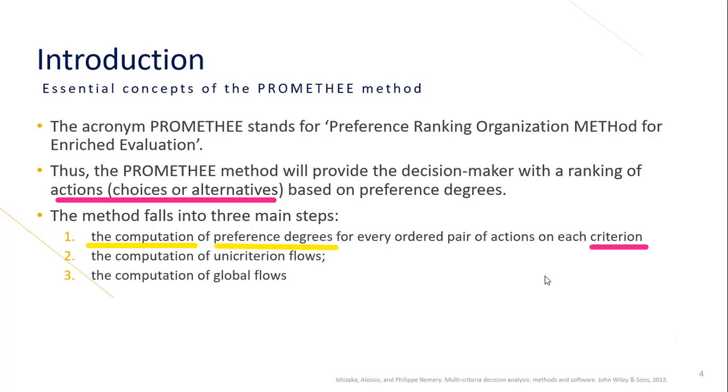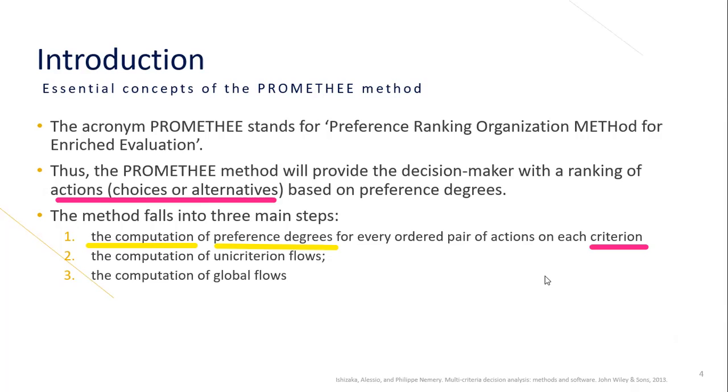You have the actions that we mentioned earlier. Let's say buying a car: action number 1 is to buy a sport car, action number 2 is to buy an economic car, action number 3 is to buy a luxury car, action number 4, let's say, buy a touring car. First, you need to compute something called preference degree.